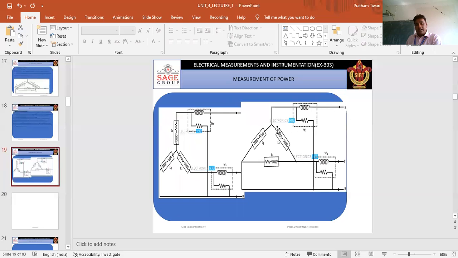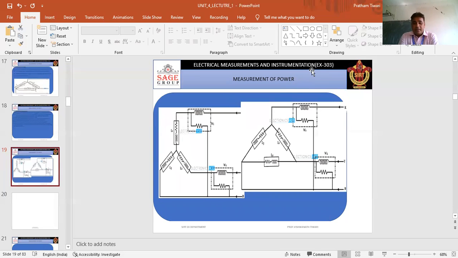In this case, each wattmeter has two coils, CC coil and PC coil. CC is connected in series with the R line, and CC of wattmeter 2 is connected to the Y line, and PC of W1 and PC of W2 are connected to the next line, where there is no wattmeter connected. That is the procedure to find the power in a three-phase circuit.